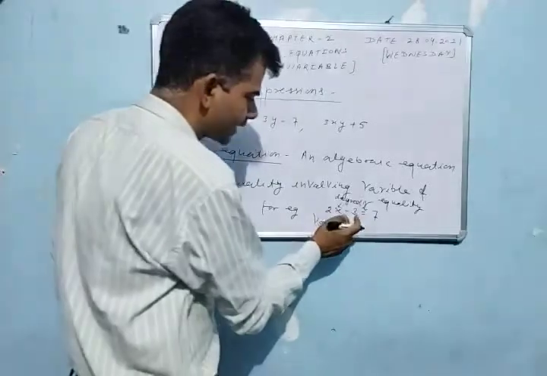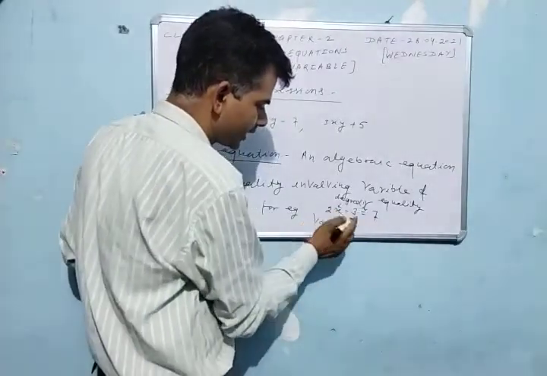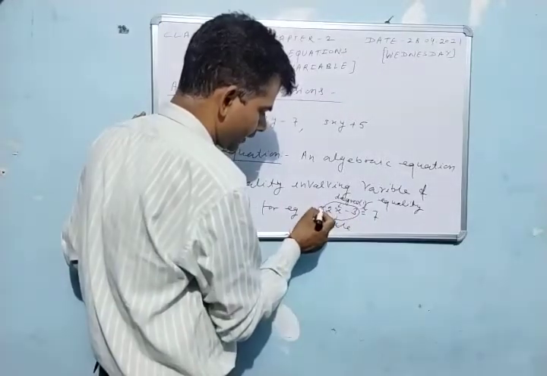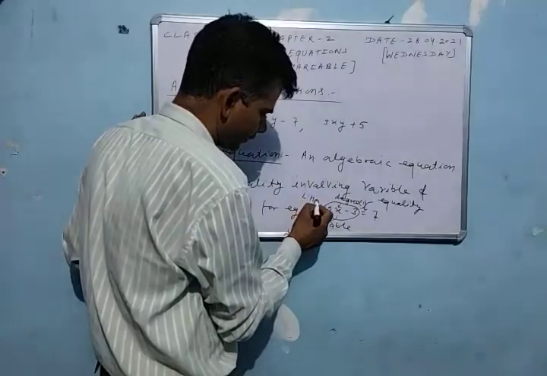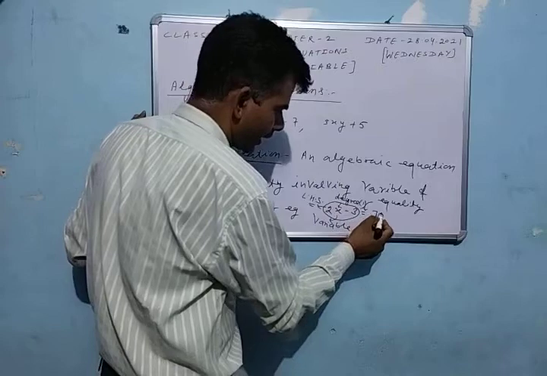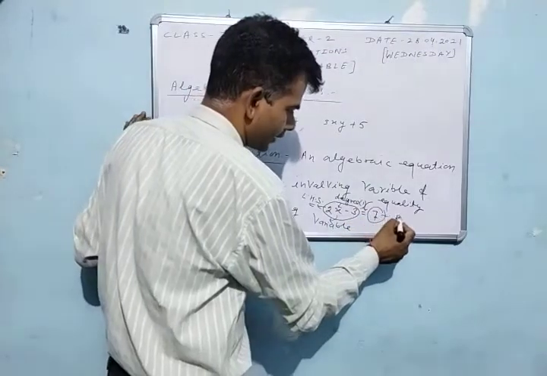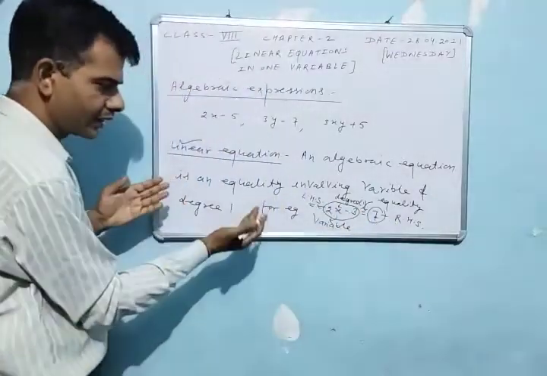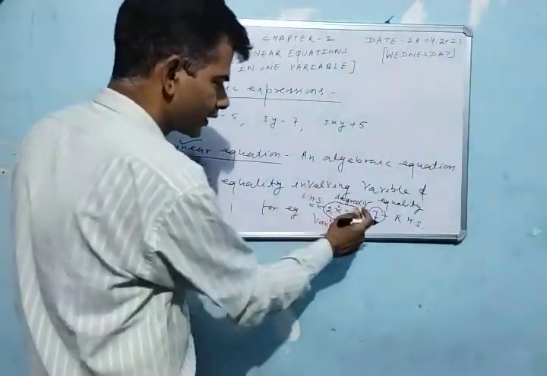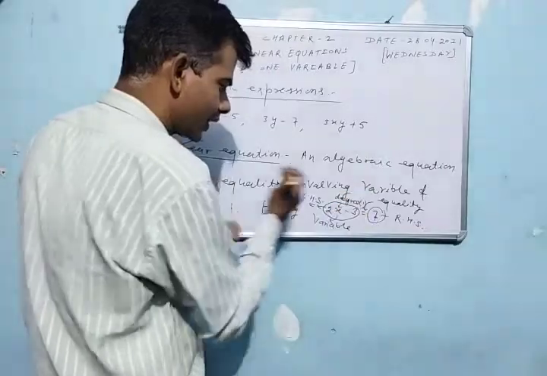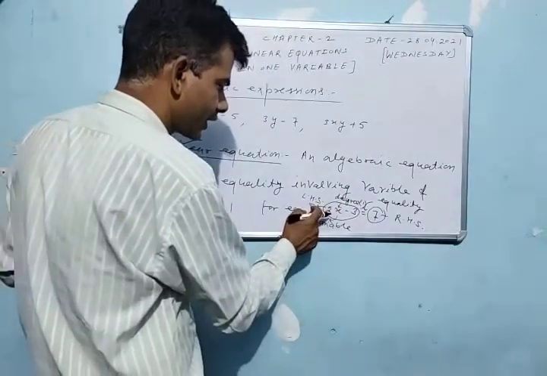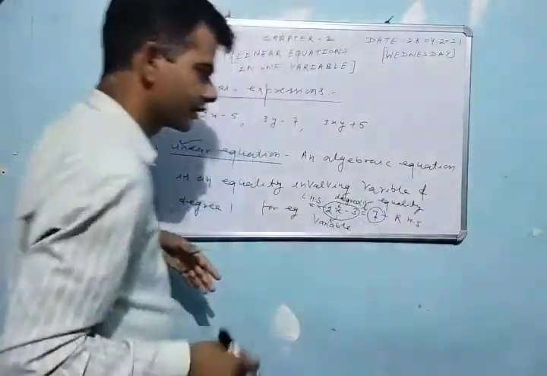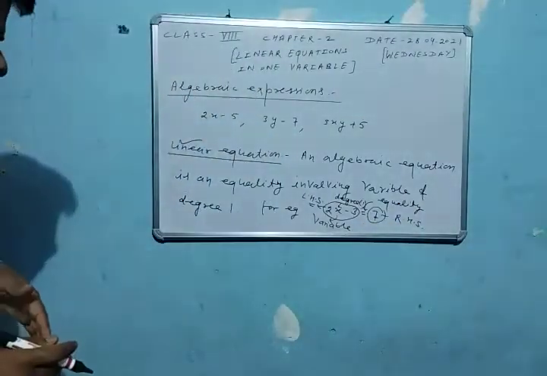Students, 2x minus 3 is your left hand side and 7 is your right hand side. This is your equal sign; towards the left is the left hand side and towards the right is the right hand side.